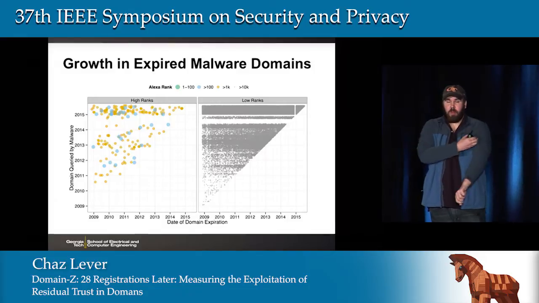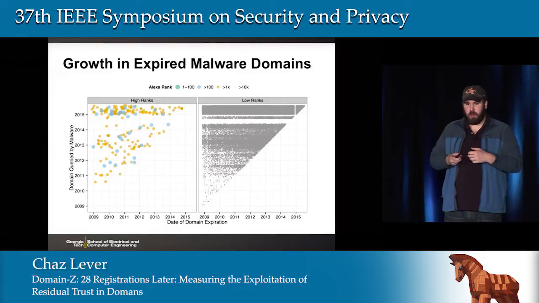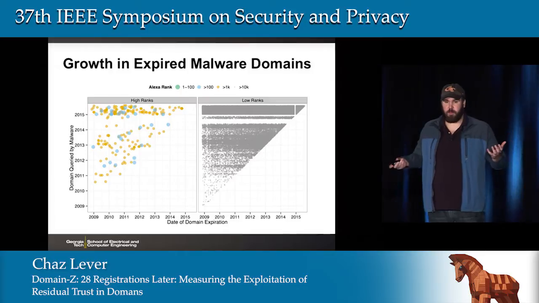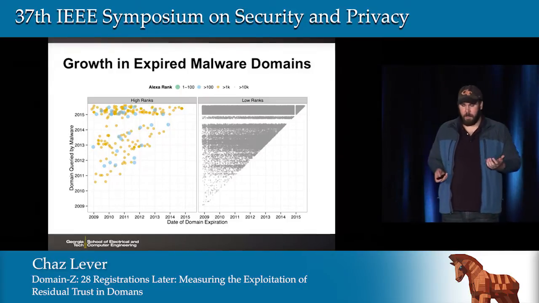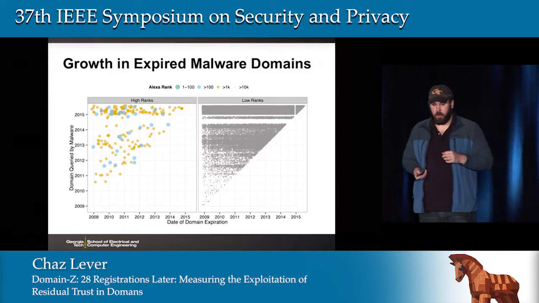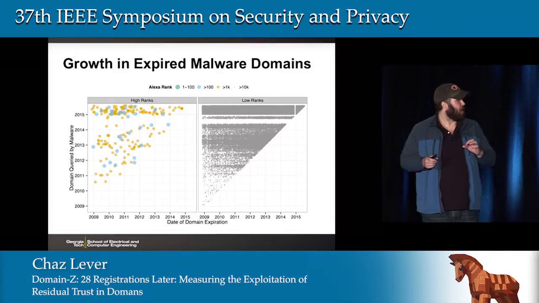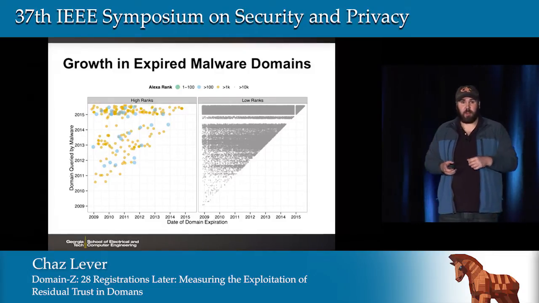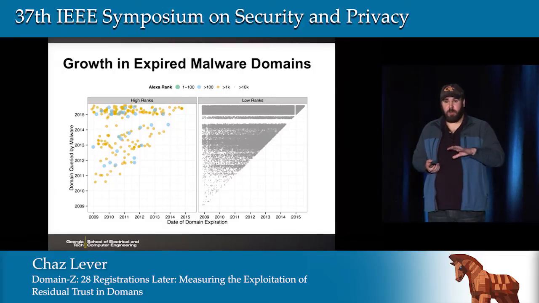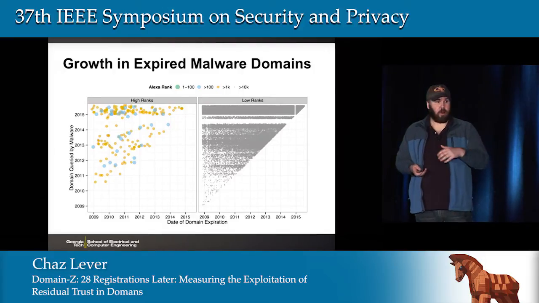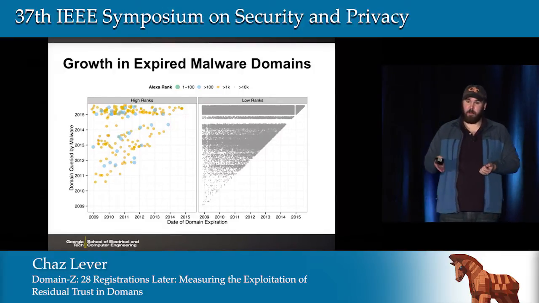So another question is this. We saw that there were a fair number of domains that were being abused, but is this a growing problem? So I want to highlight one thing about this particular figure, and that's that this only shows domains that were abused after expiration. So any domains here were abused only after expiration, and that's why they're above the diagonal.